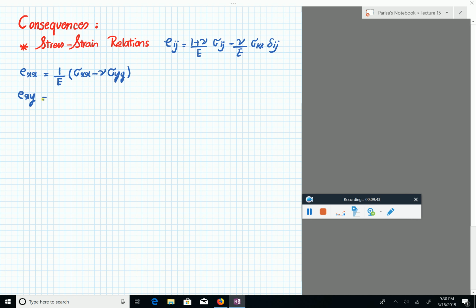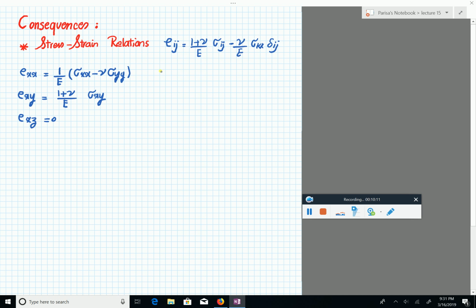Exy is 1 plus nu over E sigma xy, and Exz becomes 0 because sigma xz is 0.